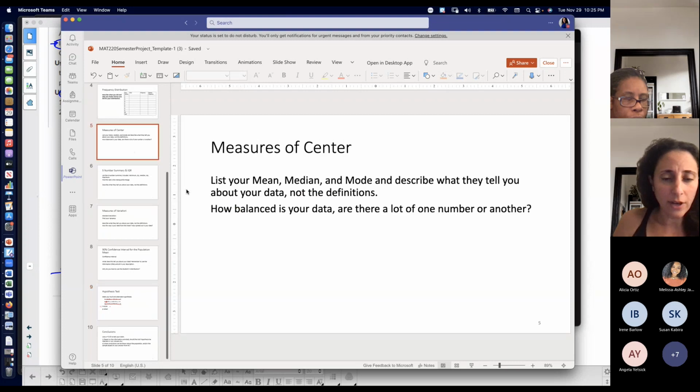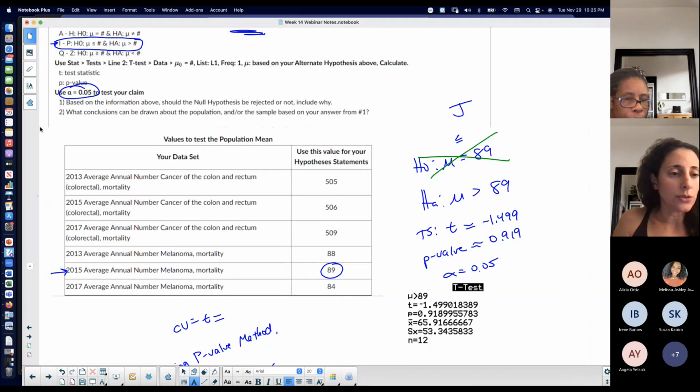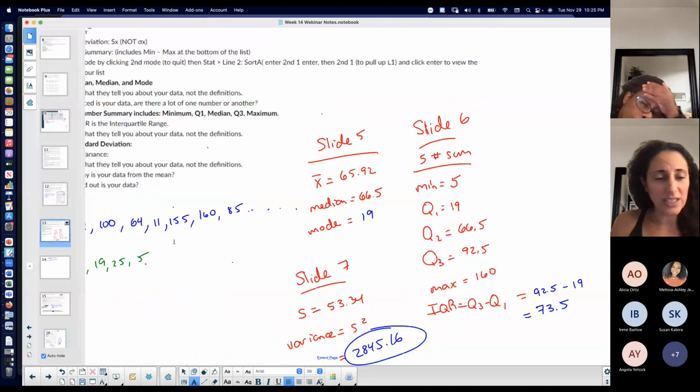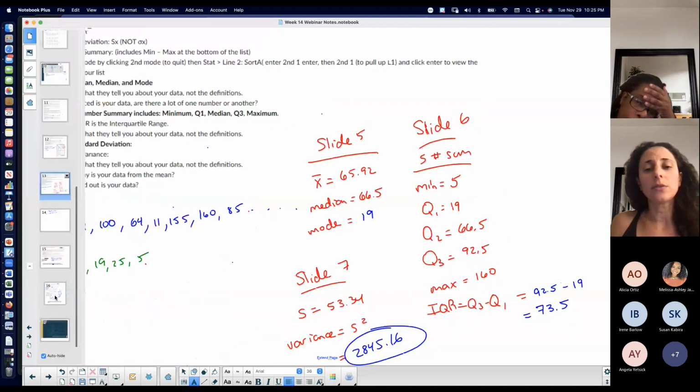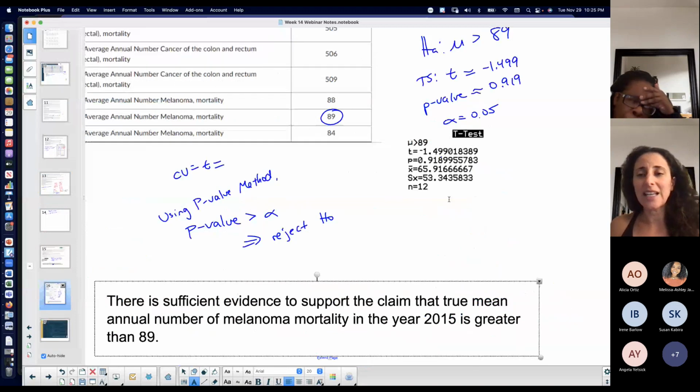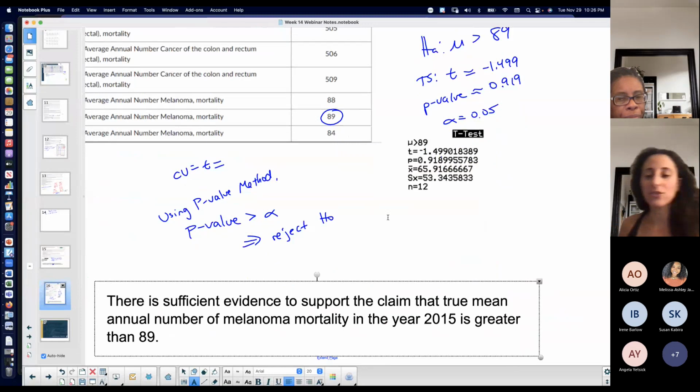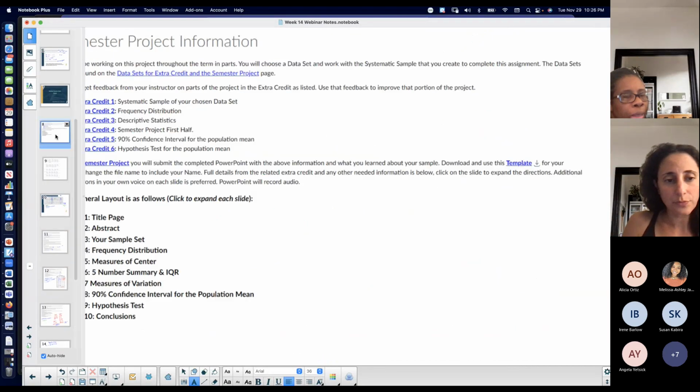You can compare; I forgot what my average was. You can say my average was 65.92, and my hypothesis test indicated that the average should be greater than that. You can just talk about your situation. What does it tell you? And say as much as you can.